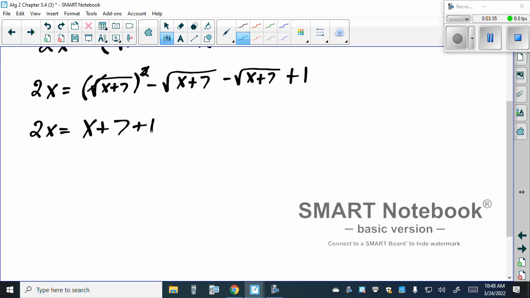We could add those two together. But we do have two like terms. Negative square root of x plus 7 minus square root of x plus 7, which would give us what? Negative 2 square root of x plus 7.